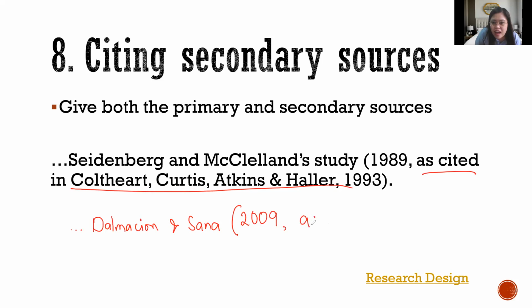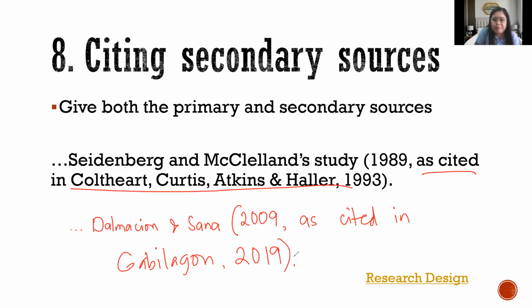And then ako as the secondary author as cited in Gabilagon 2019. Period. That's how you are going to do if to do the parenthetical citation if gikan siya sa secondary source. Okay, secondary source ang tawag ana.